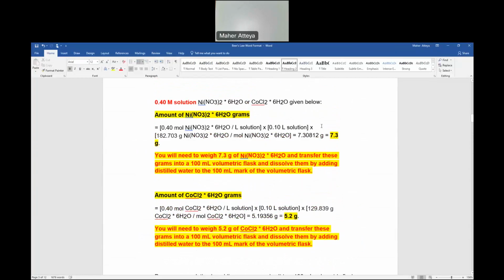If you have a nickel, that's the green one, or you have the pink one, which is the cobalt one, that's the 0.4 molar. So you have to look at your 100 ml volumetric flask. That's all yours. And if you have a question, come and ask me.